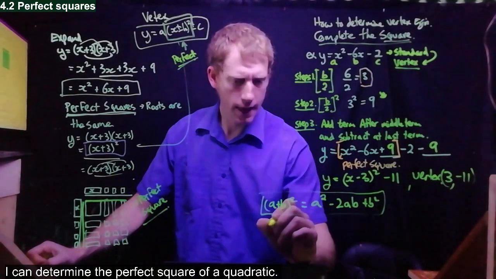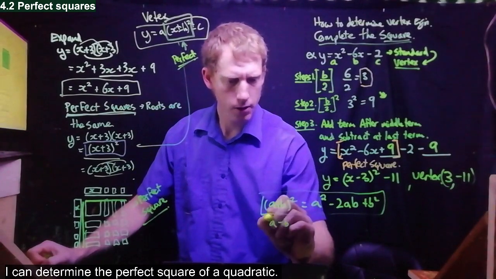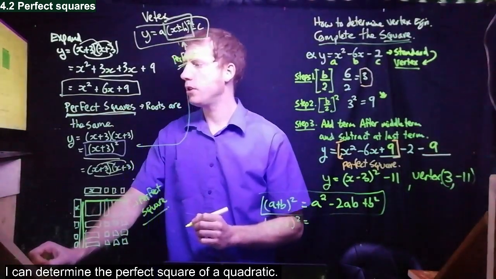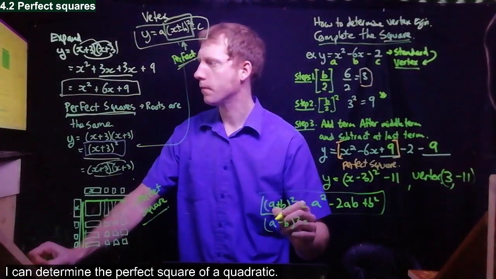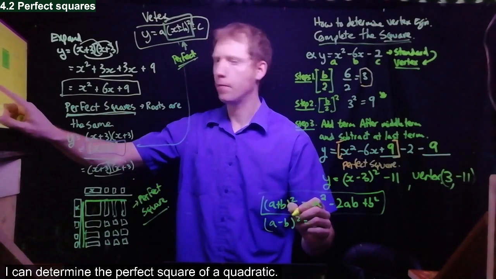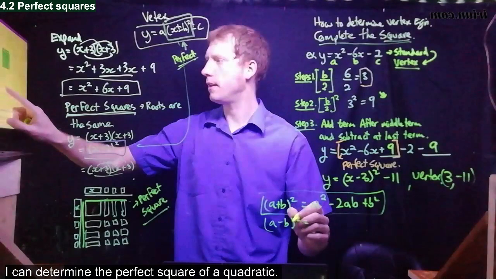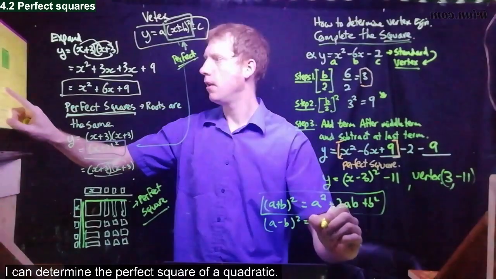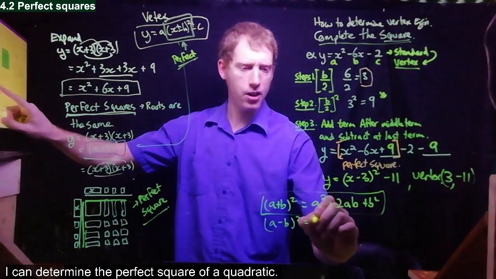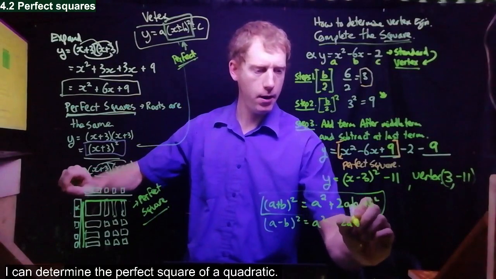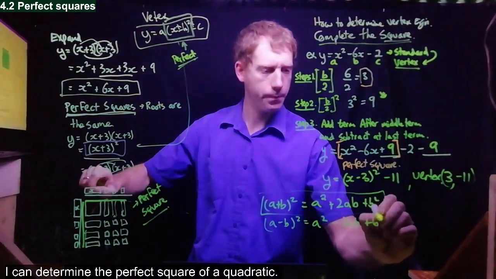And then the difference, a minus b squared, is going to be equal to, well, I think I wrote that down wrong, guys. If it's plus, this is going to be a plus. And if it's minus, it's going to be a squared minus 2ab plus b squared.